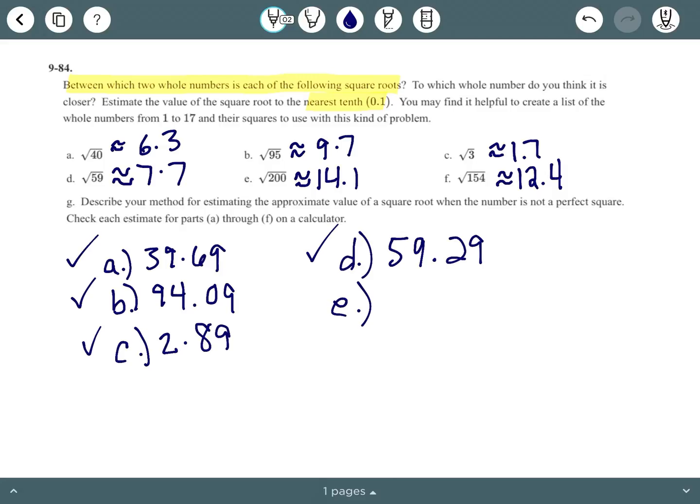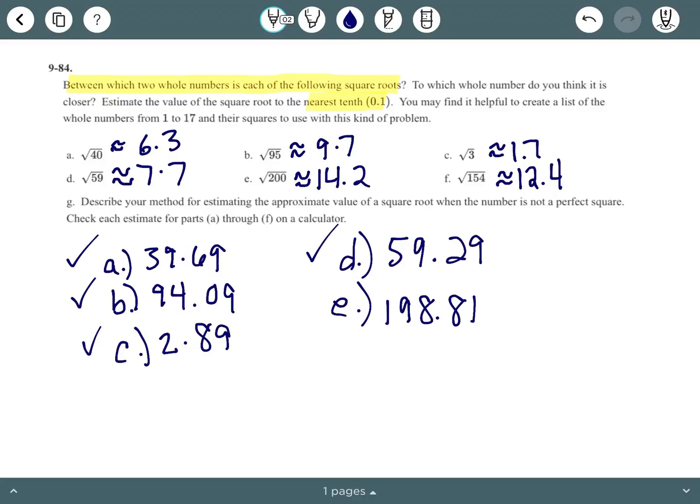Part E, our estimate was 14.1. So we're going to put 14.1 squared into the calculator. When we do that, we get 198.81. I'm wondering if we can get closer though, so I do want to try 14.2. So I'm going to put 14.2 into my calculator.